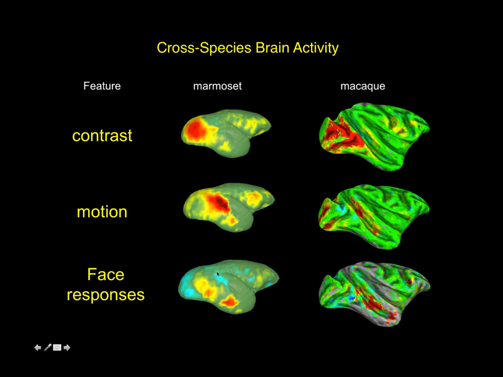And a component that's loading on faces is activating the face patches in both species. But there's also differences across the loadings, and so we're not quite there yet, but you can start to probe what these differences mean in terms of any change in the brains between these old world monkeys and new world monkeys.